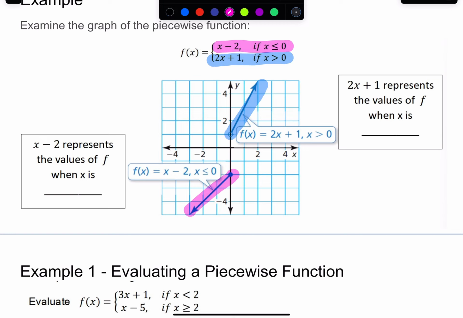So x minus 2 represents the values of f when x is 0 and below. 2x plus 1 represents the values of f when x is larger than 0, so above 0. Notice how this does not have the equal to symbol, and it has an open circle at 0. So that means that this one is not including 0.